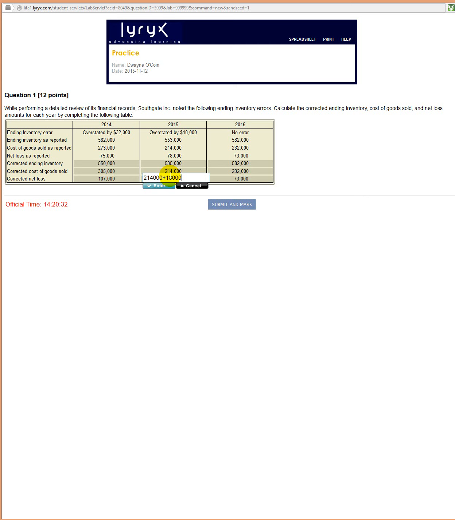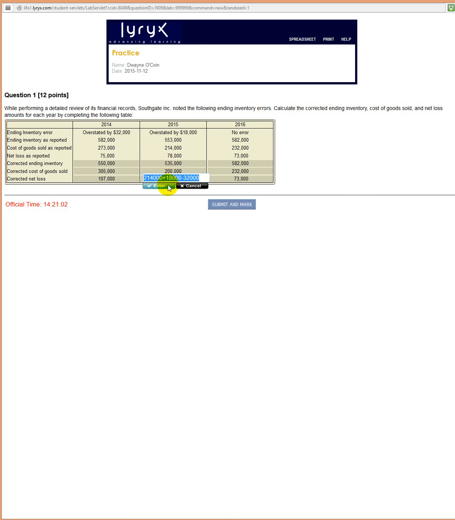That ending inventory is this year's beginning inventory, which means that our beginning inventory would be overstated by 32,000. And that 32,000 is allocated between ending inventory and cost of goods sold during the year. That 32,000 didn't actually exist. So that means our cost of goods sold this period would have been too high by 32,000. So we need to undo the effect of the overstatement from the previous year. We're subtracting 32,000. Now once again, we increased it by 18,000, subtracted 32,000.